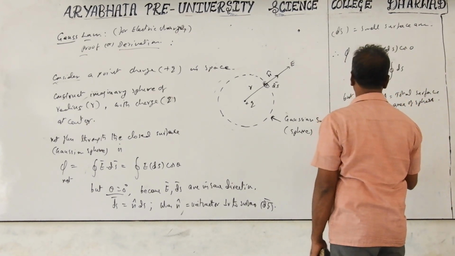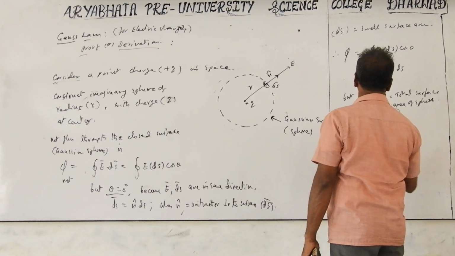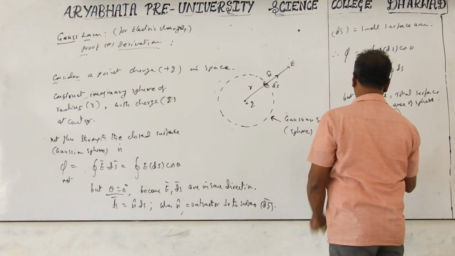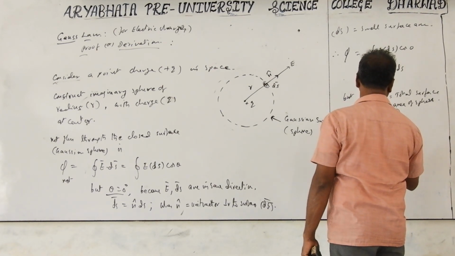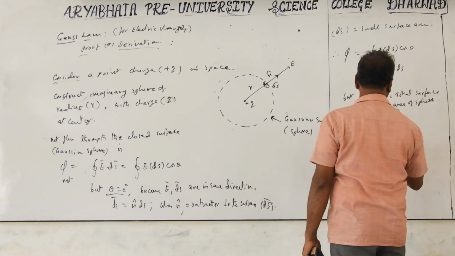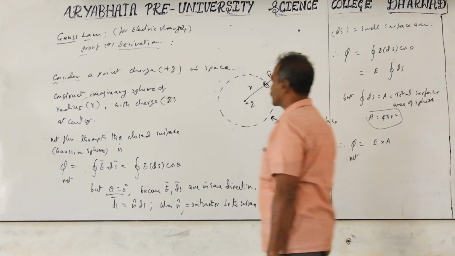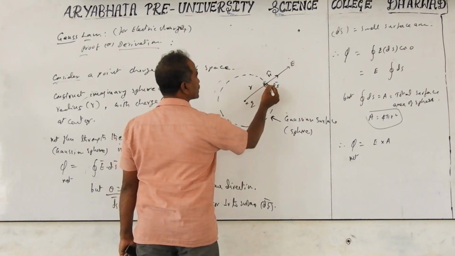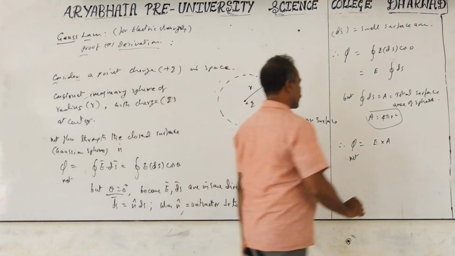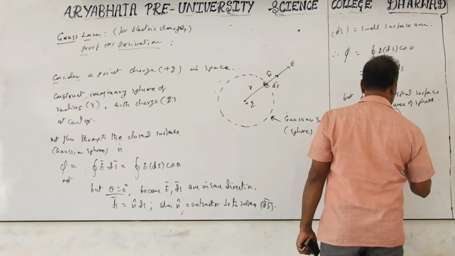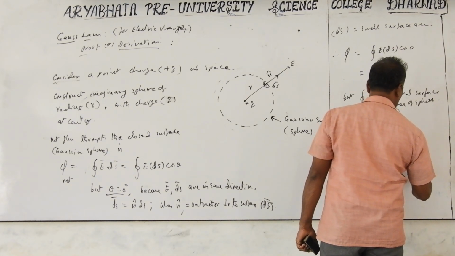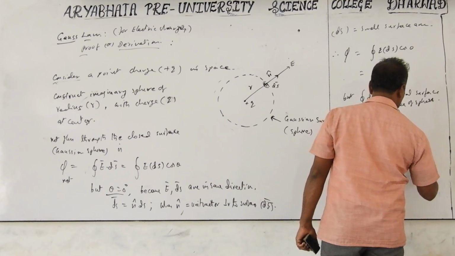Substituting this formula, the net flux is equal to E into the integration of ds, which is E into A. But what is the electric field? The electric field of an isolated charge at distance r, E, is equal to 1 by 4 pi epsilon into the charge by distance square.